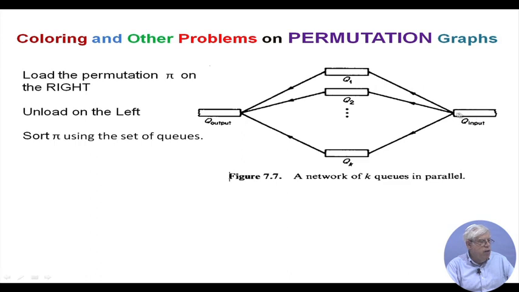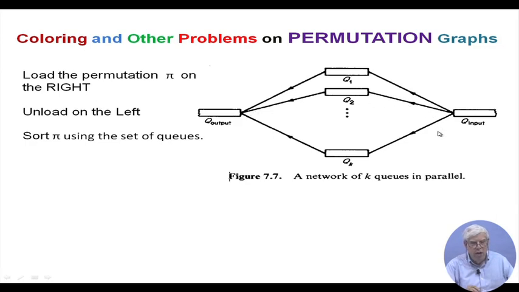And I'm going to unload them on the output queue. So we often think of this as a railroad train, where each car has to be painted, and they have to be reordered. So you might have them go through a network like this, where you pull one car onto Q1, one car into Q2, and then pull it off.